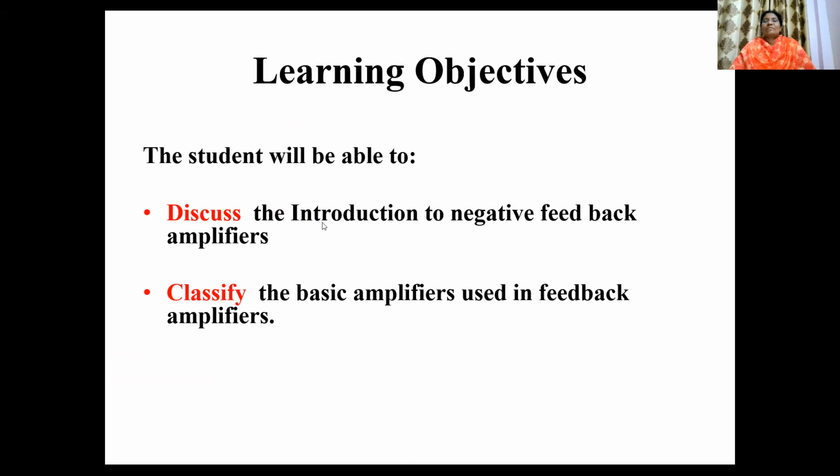What is meant by an amplifier? All of you tell me the amplifier definition. An amplifier strengthens the input signal, and we get the output signal as a more strengthened signal. It increases the strength of the signal.